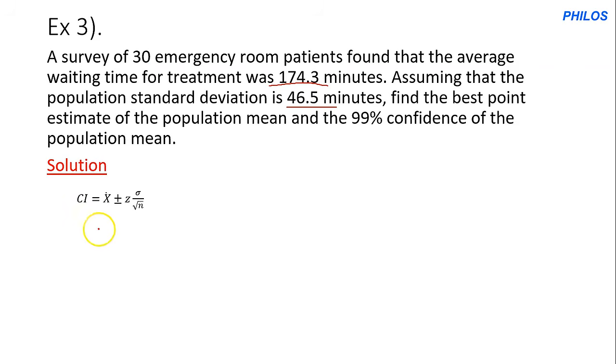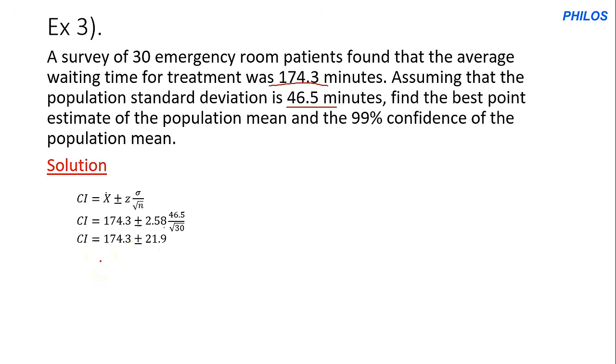So to solve this, let's substitute into the formula. So we have 174.3 plus or minus, our z is 2.58, and then the standard deviation is 46.5, divided by root n, our n is 30. 2.58 times 46.5 divided by root 30 will give you 21.9. So we're going to have 174.3 plus or minus 21.9.